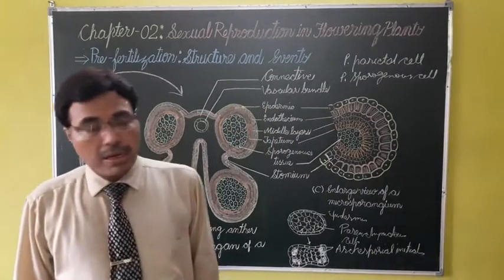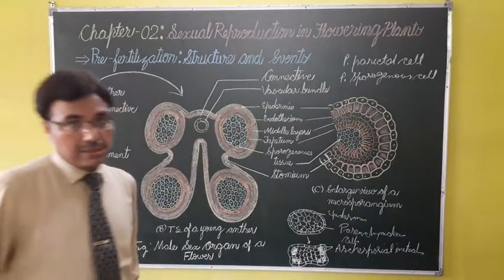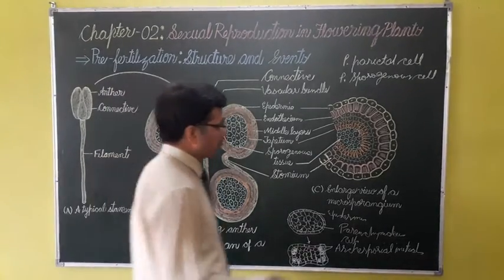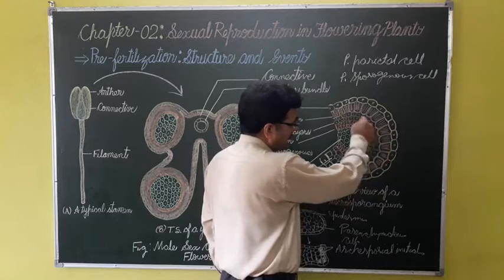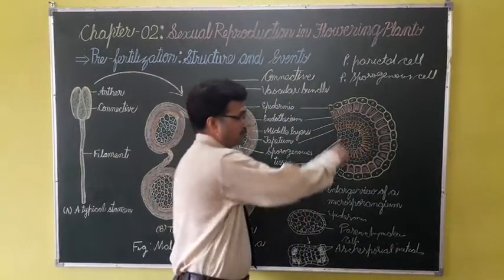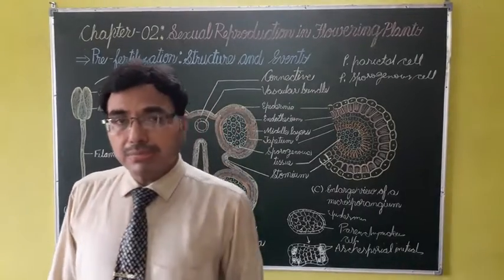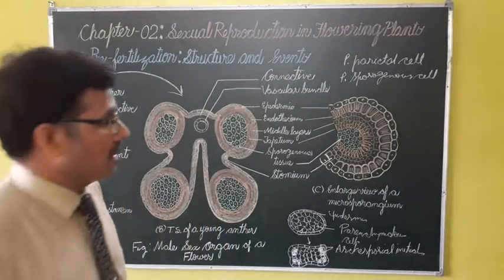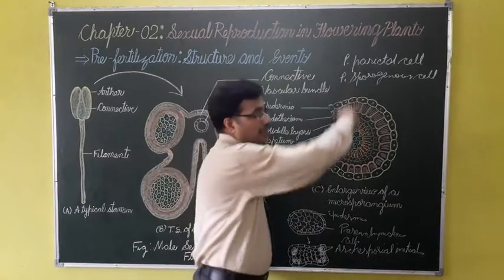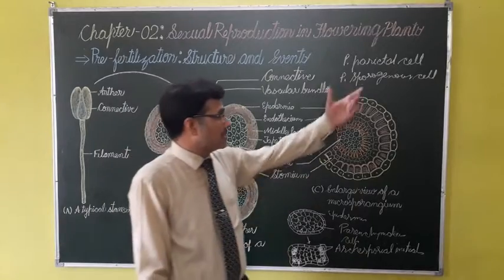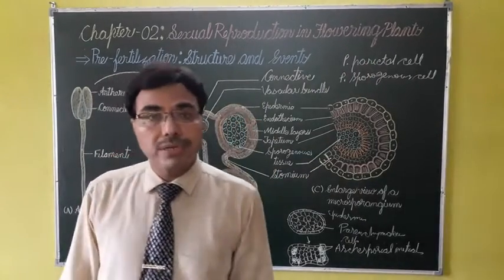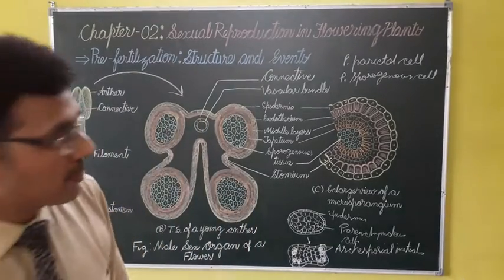Right? Now this primary parietal cell further undergoes periclinal division and gives rise to the endothecium and middle layer, and also the tapetum. Endothecium, middle layer and tapetum come into existence because of the division in the primary parietal cell. So primary parietal cells are responsible for the formation of the wall layers of the microsporangium.